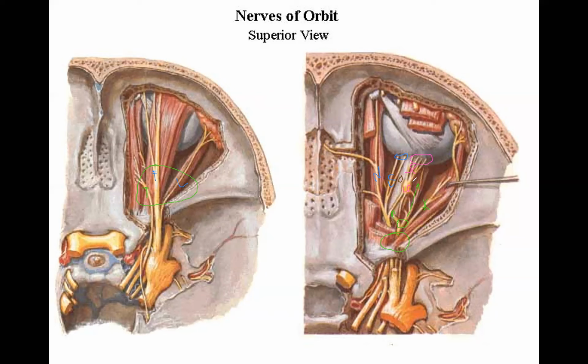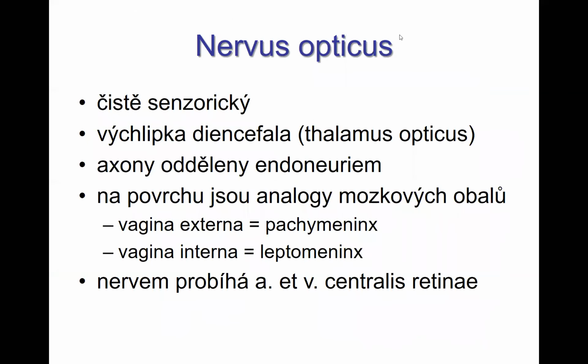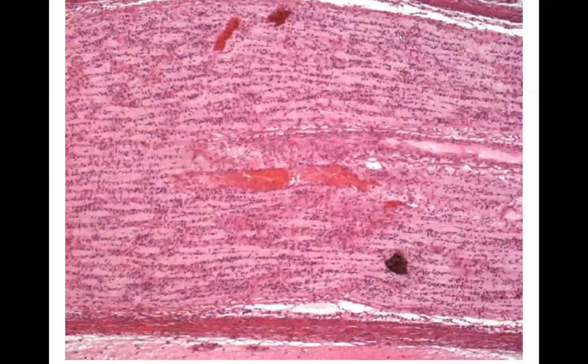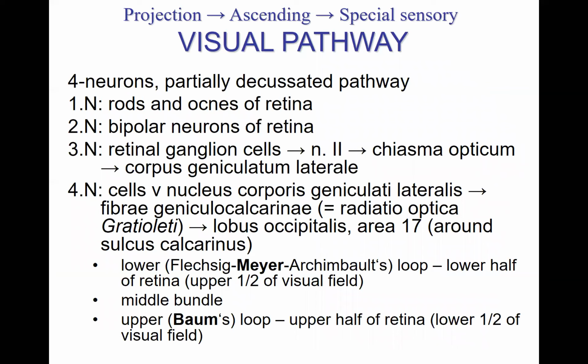I think there's no question to the nerves, just a revision. Okay, visual pathway. Questions to the visual pathway. We have talked about the visual pathway in CNS pathways. So I go very, very quickly through that. If you have questions, you can post them.